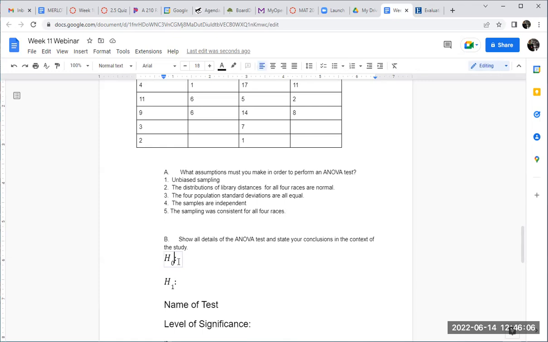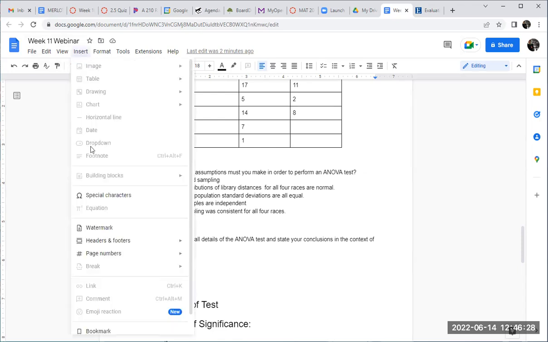So at this point, if you don't know what H0 means, then you're not passing this class, because we've been doing this for like a month now. So the null hypothesis. And now we got to say, what do we put in? What symbols do we put in? Mu 1. Yeah, so the hardest part is getting it typed in.